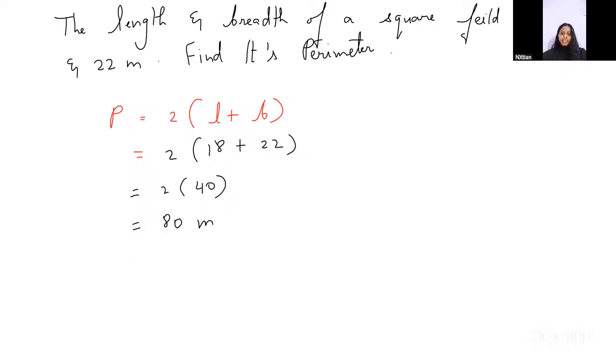Correct, that's right. So that is how we get the perimeter of a rectangle. Now, one more question we will try out.